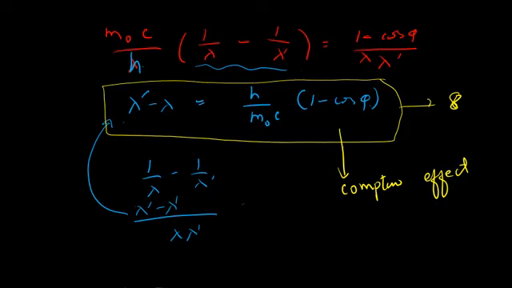This equation was derived by Arthur H. Compton in the early 1920s, and he was the first to observe this Compton effect.